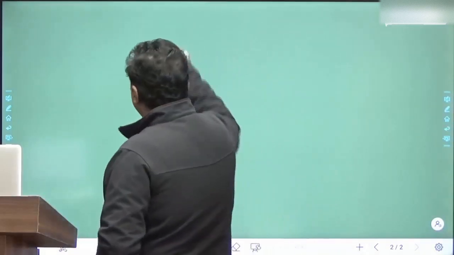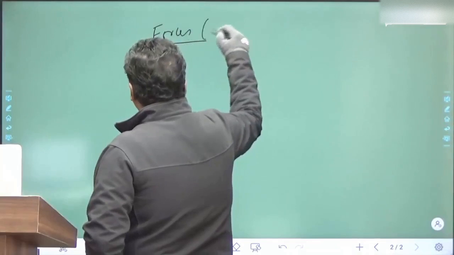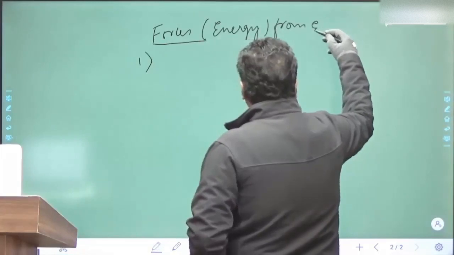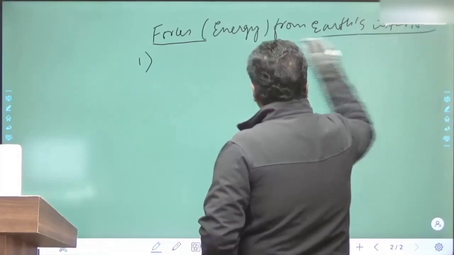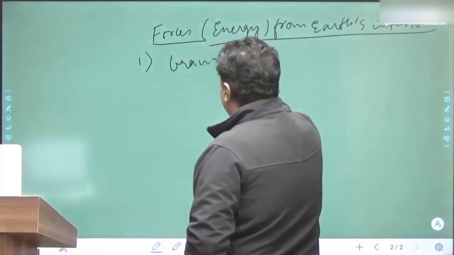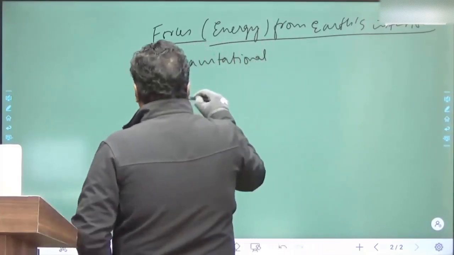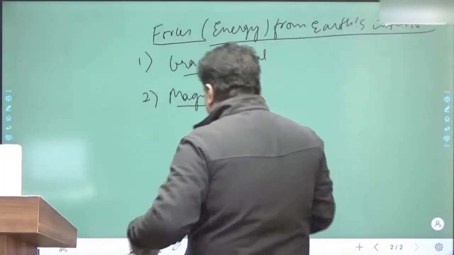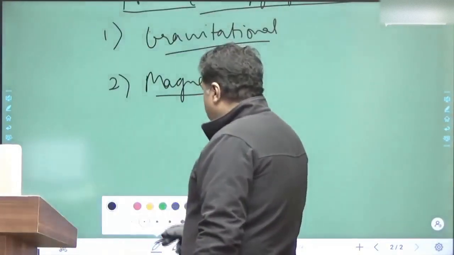Now, I was talking about the energy sources, or the forces, from inside the earth. We saw that the first one is energy from the earth's interior, and how the gravitational forces and the magnetic forces help us understand the interior, because we can make out what type of magnetic material is there, or what other minerals, magnetic or electrically conducting, are there.